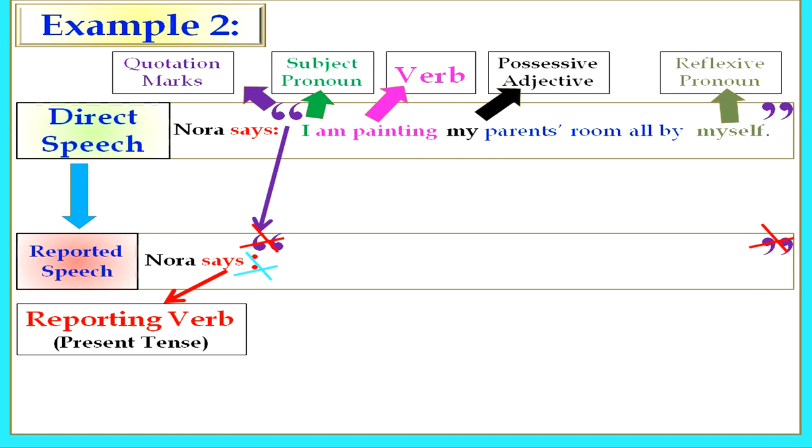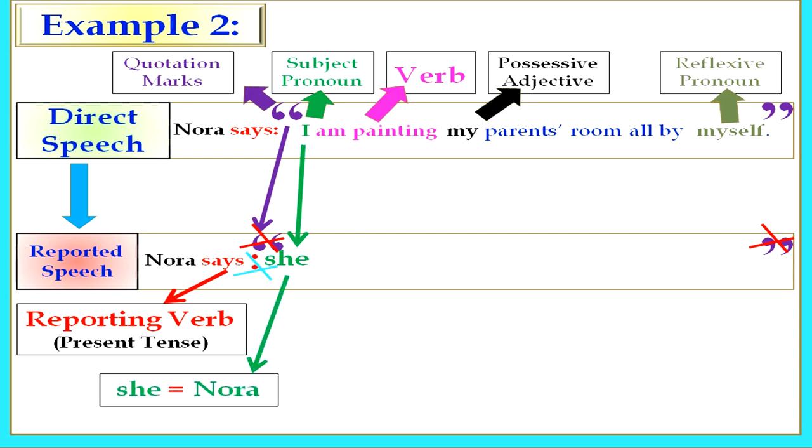Next is the subject pronoun I. In direct speech, we change it. So the new word is she. Why she? Simply because she refers to Nora. After the subject pronoun, we have the part of the verb, I'm painting.